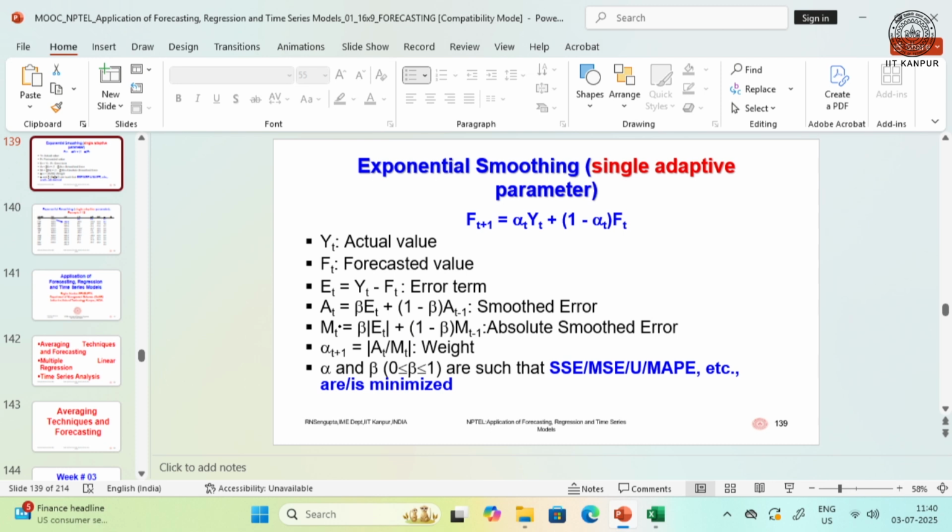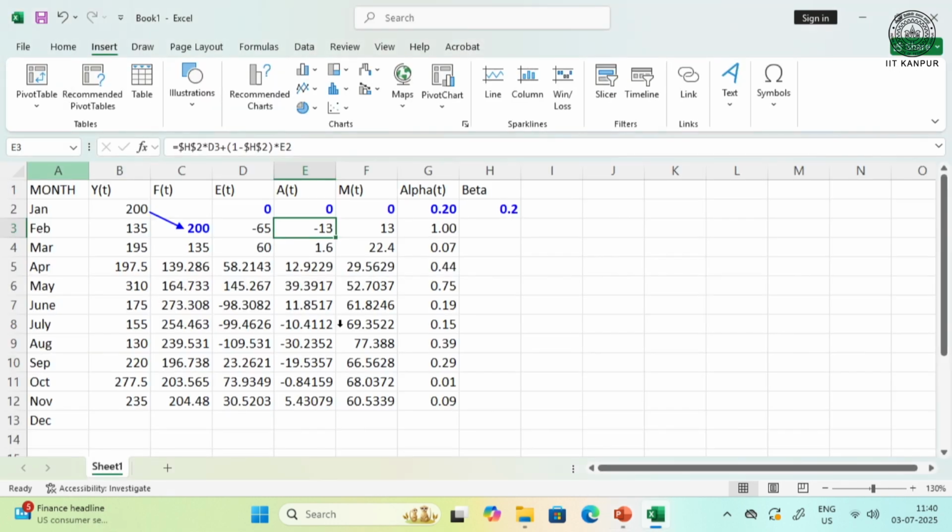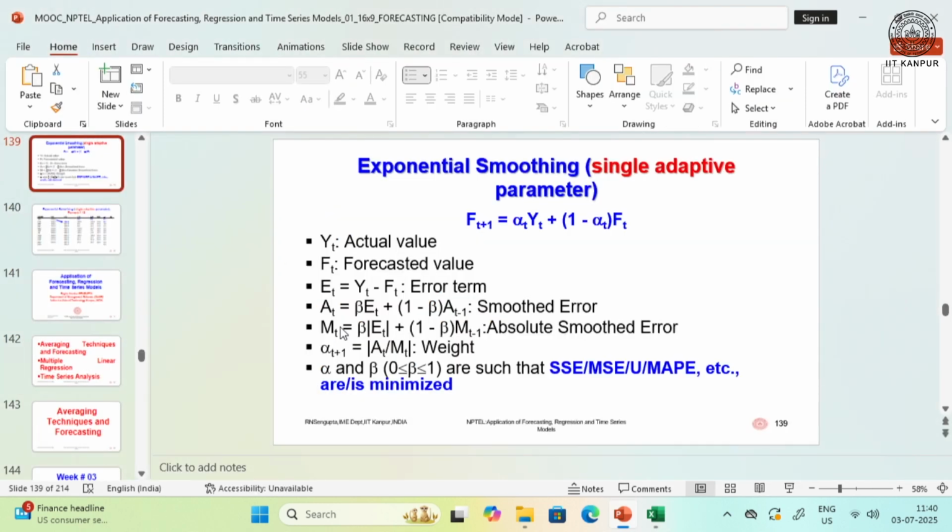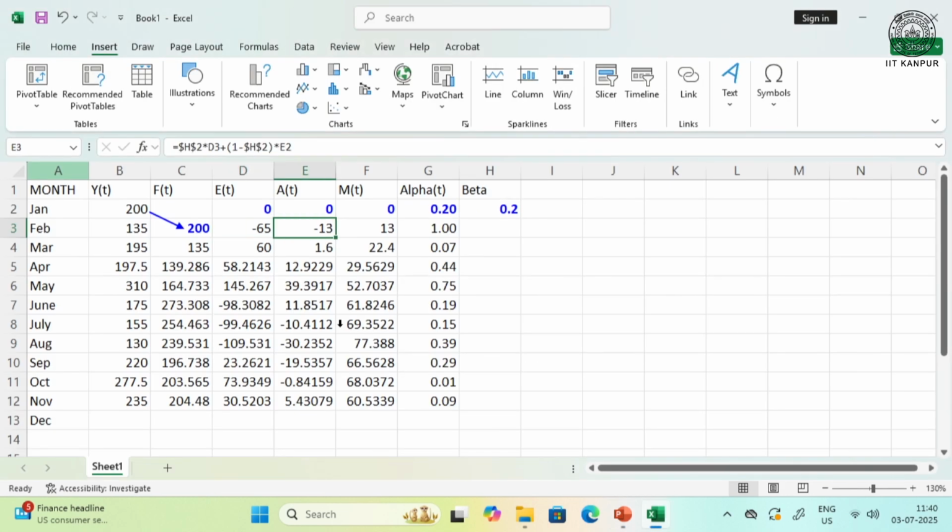Hence, the value comes out to be minus 65, which is given in cell D3. The next value we need to find is AT, based on beta into ET plus 1 minus beta into AT minus 1. Beta I am considering as 0.2.